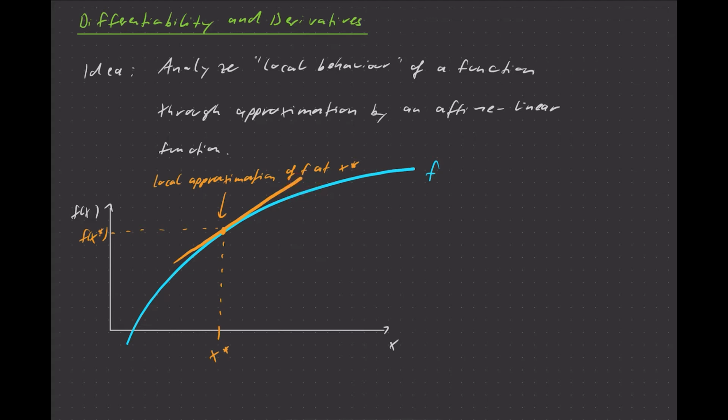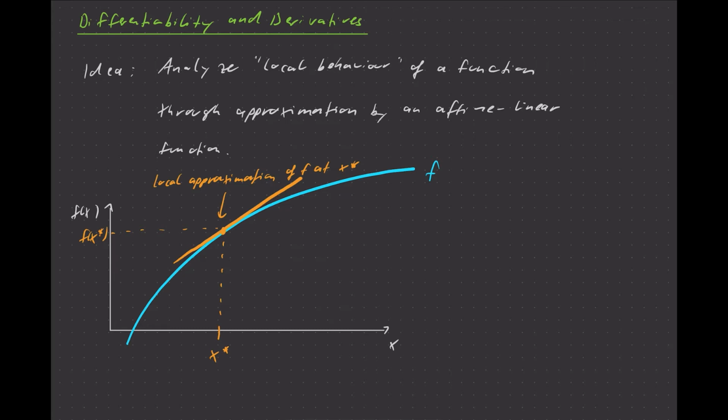But that is to be expected. So what do we need to construct this local approximation? Basically two parts of information. The first is, of course, that function value here to get this precise point. And the second is we want to have the slope of that function.